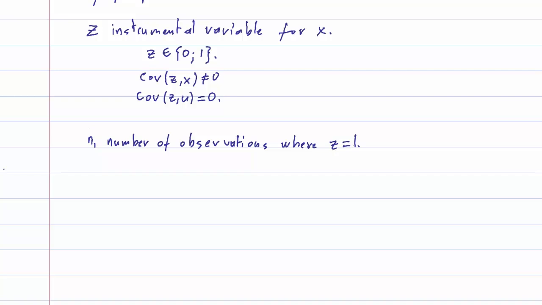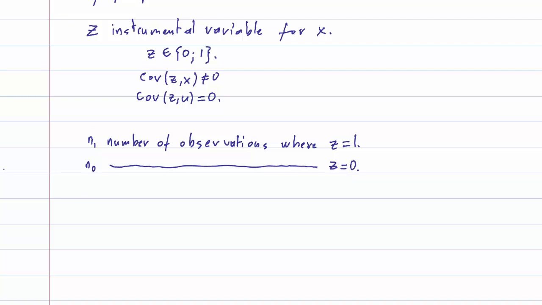So it's just the number of people in the treatment group. Then we have n0, which is the same when z equals 0. So the number of people who were in the control group, they didn't get the treatment.